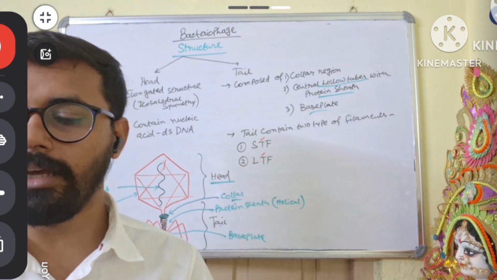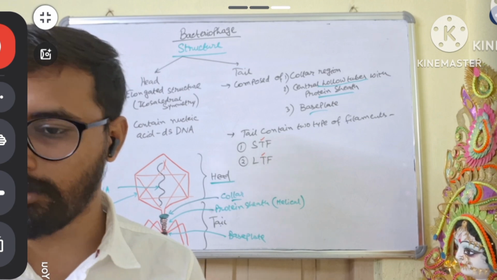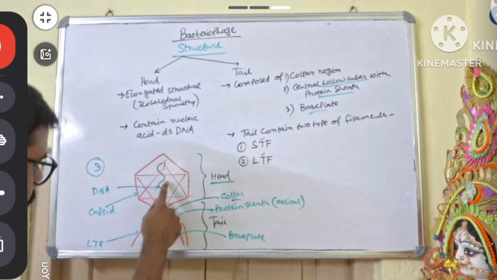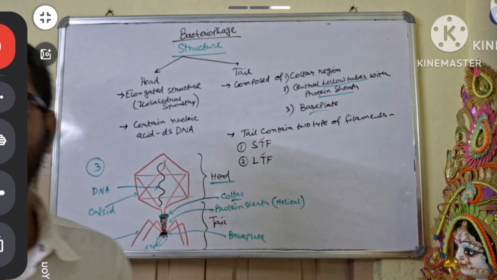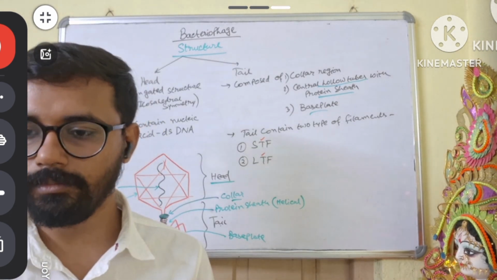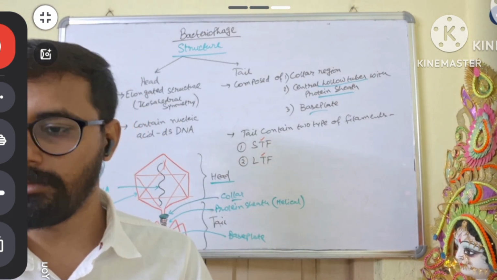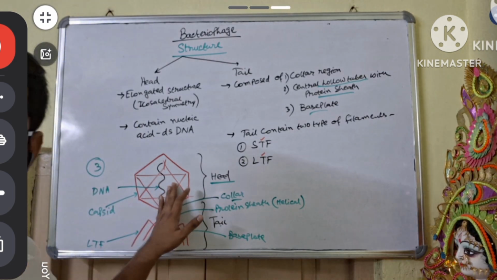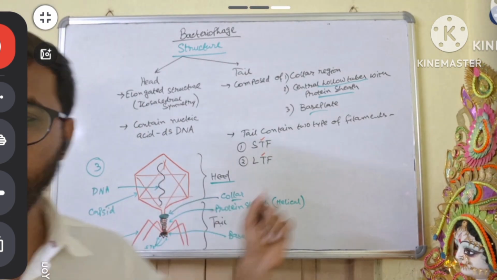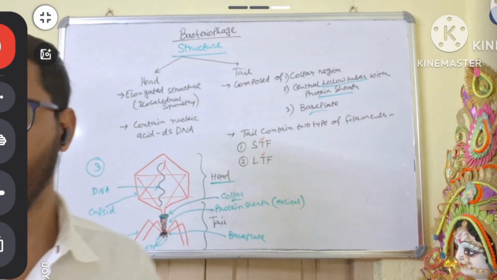The protein sheath contracts, a highly powerful contraction occurs after the attachment, and DNA is released from the hollow tube and enters into the host like an injection. It just injects the DNA into the bacterial cell during the infection cycle.